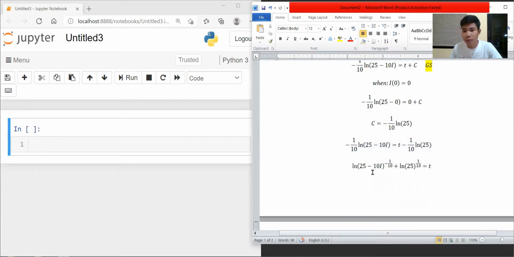So ln of 25 minus 10i over negative 10 plus ln 25 over 10 equals t. So we just transposed this to the other side.